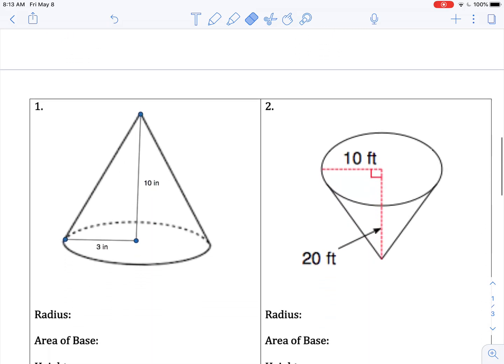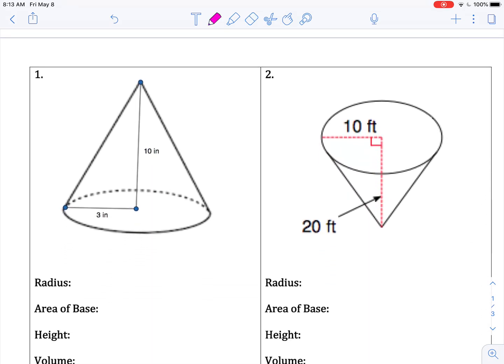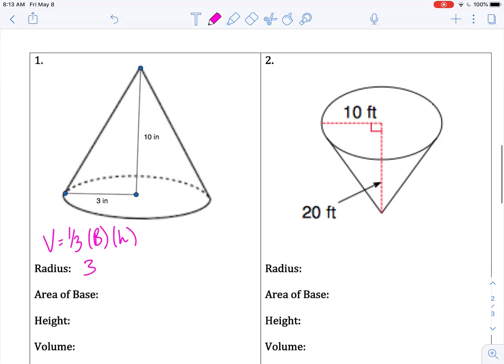But let's use our formula of 1/3 area of the base times the height. So the radius here is 3. Radius of that circle base.